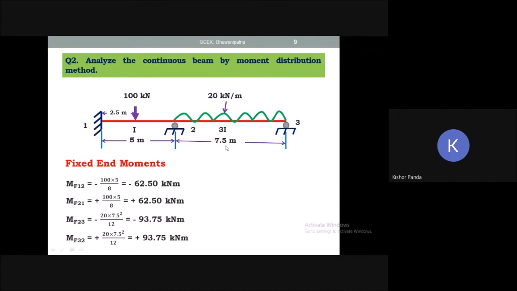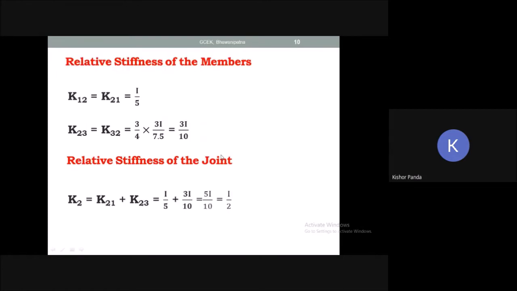Already you know in theory, when the end is simply supported, for that span you have to use the modified relative stiffness of the member, 3 by 4 into I by L. So here the end is simply supported, and for this span you have to find the relative stiffness: 3 by 4 into 3I by 7.5, which is equal to 3I by 10.